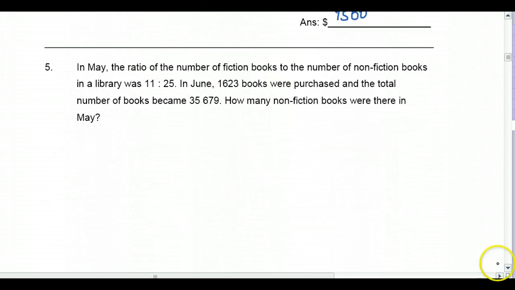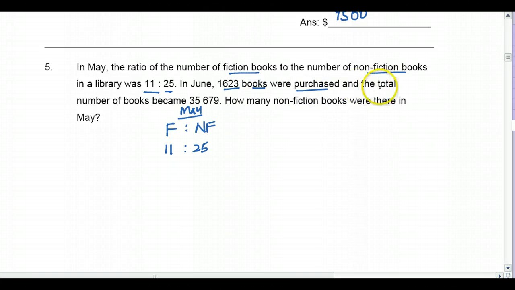Question 5. In May, the ratio of fiction books to the number of non-fiction books was 11:25. So I know fiction is to non-fiction, 11:25. This is in May. In June, 1,623 books were purchased.